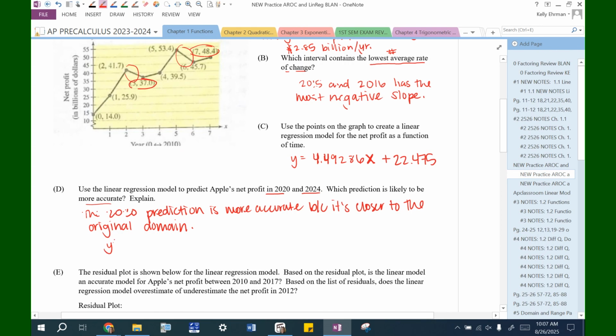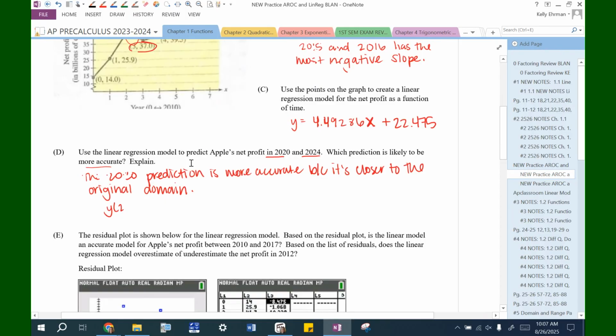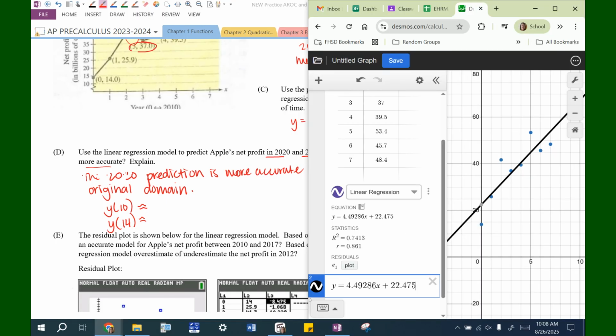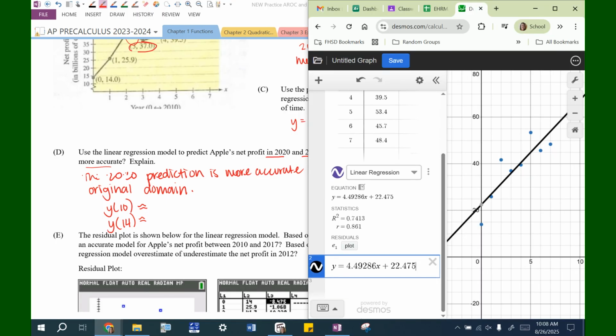And then y of, it's not y of 2020. These are years since 2010. So y of 10, and y of 2024 would be y of 14. Now, how do we do that in here? This is why I copied the equation right here. So we click in here.